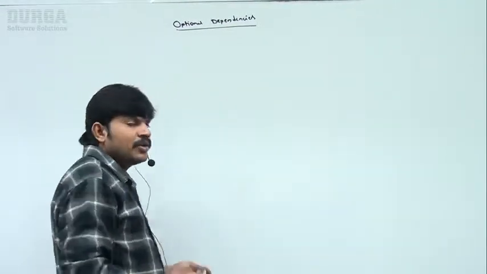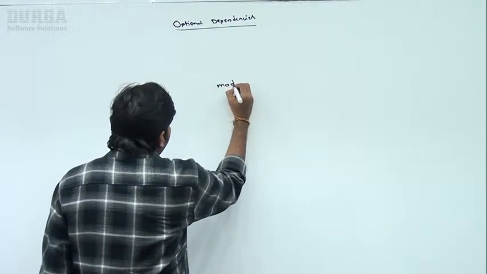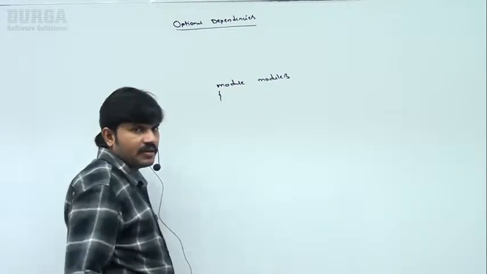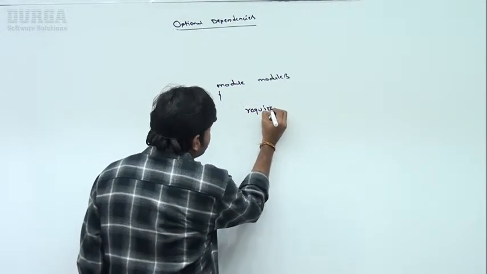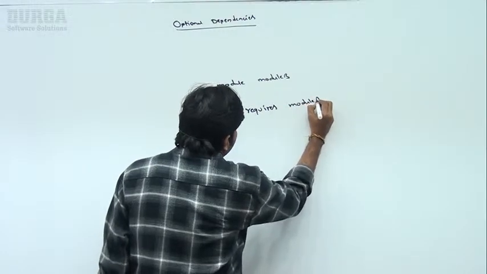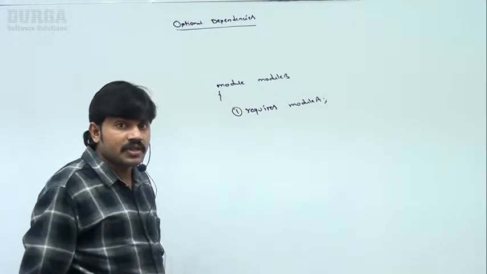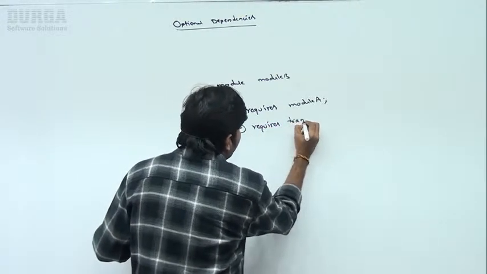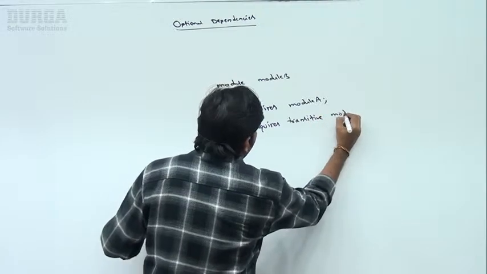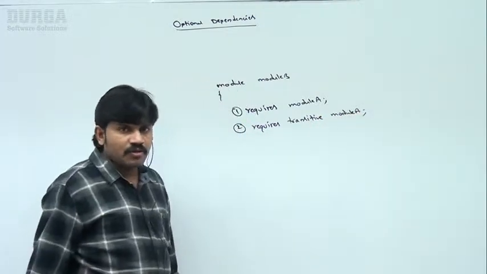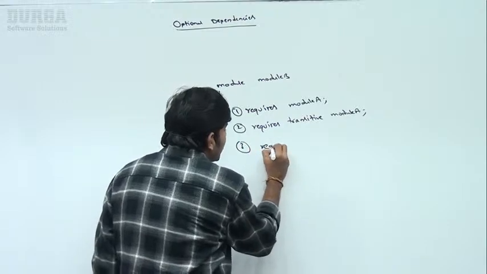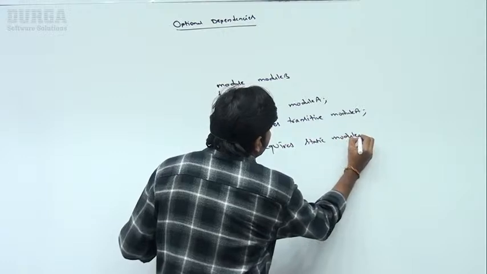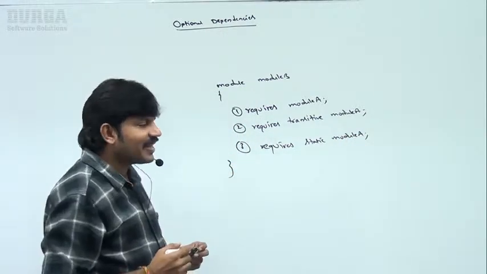Observe, assume module B requires module A. Then module B requires transitive module A. Next, module B requires static module A.